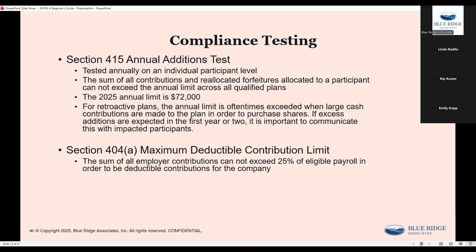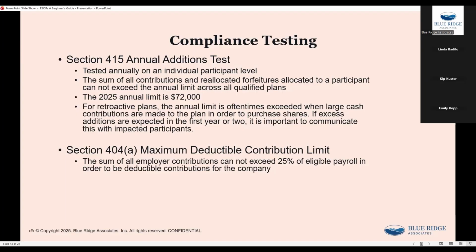If you do an accrued contribution, though, this is often for tax purposes to get a great tax deduction for that first year. That large cash contribution could cause you to exceed this limit. So this is a very common test we look at for new ESOPs because of that large initial contribution.